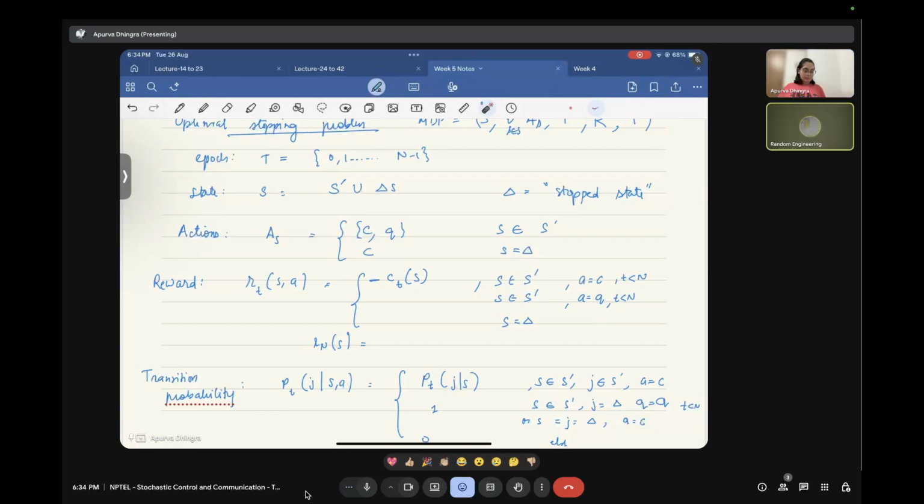One question. This reward function, why does it not depend on the next state? Because next state quitting and continuing will have different consequence, no? Like S comma A comma J. I think this is just talking about the expected reward. You can take expectation over the next J's, because we have the transition probabilities.